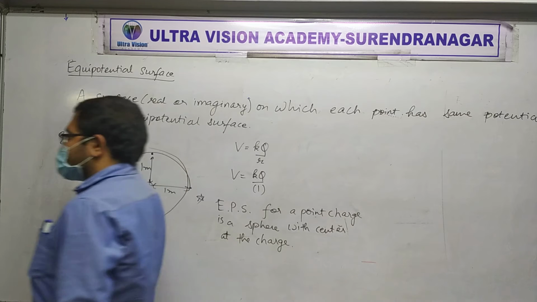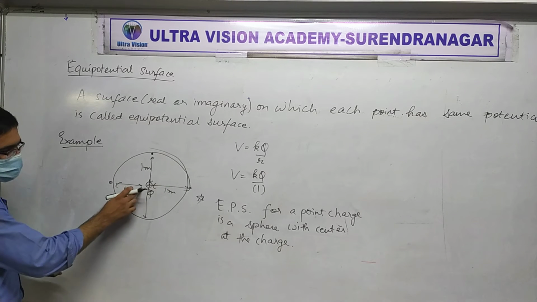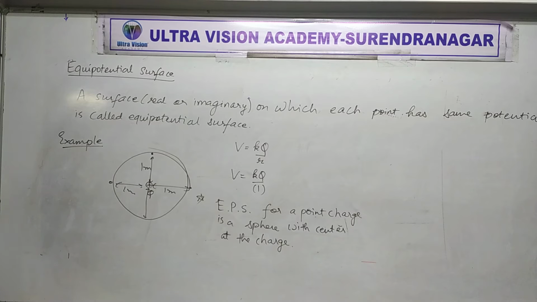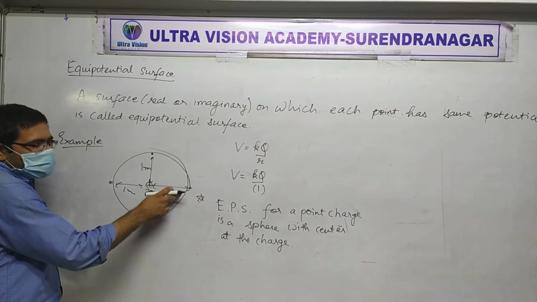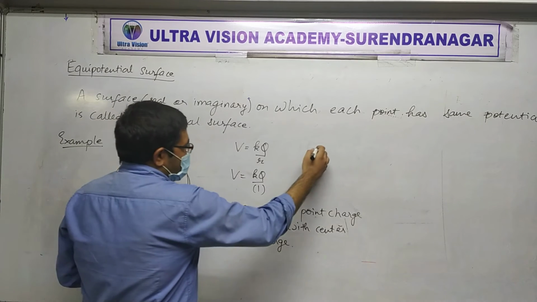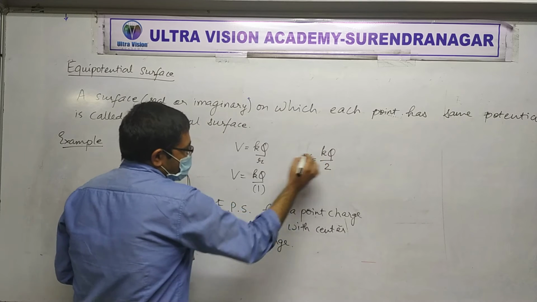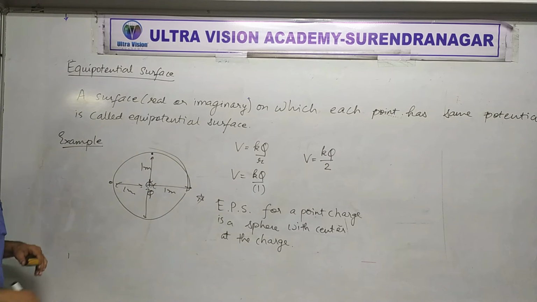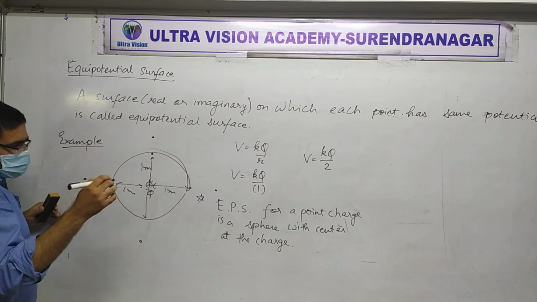Now, is this the only equipotential surface? Can you think of another equipotential surface for this point charge? Instead of distance 1 meter, suppose we start collecting those points which are at a distance 2 meter, for example. So over here, over here, over here, and so on.